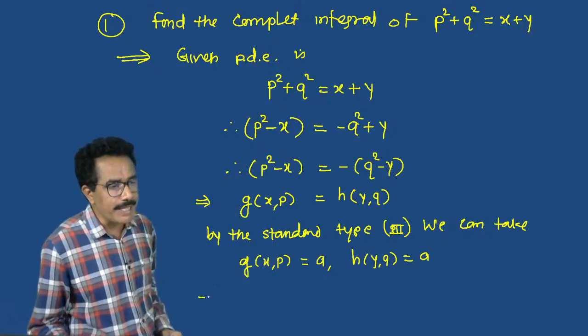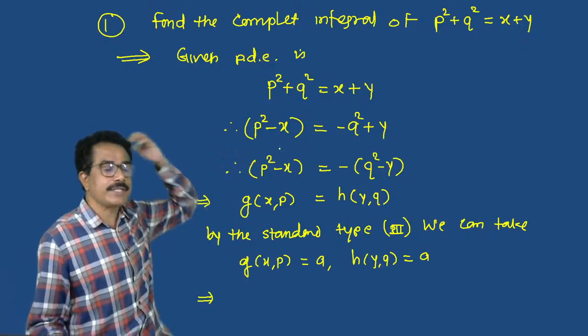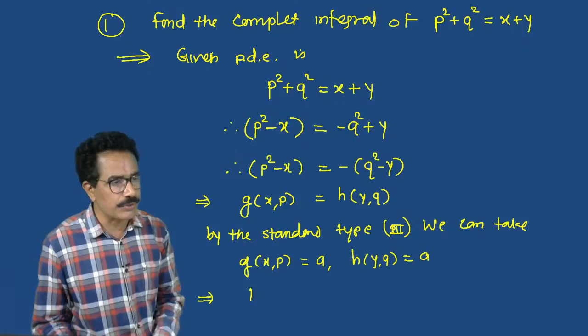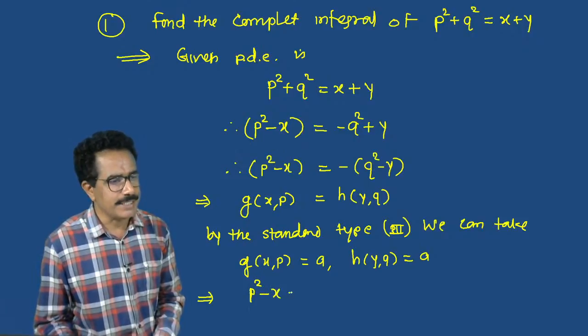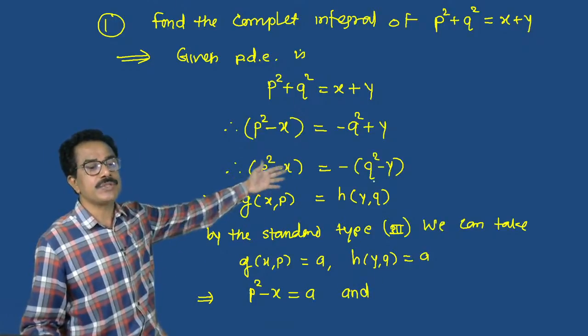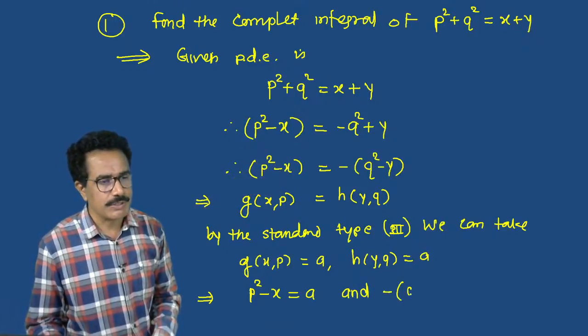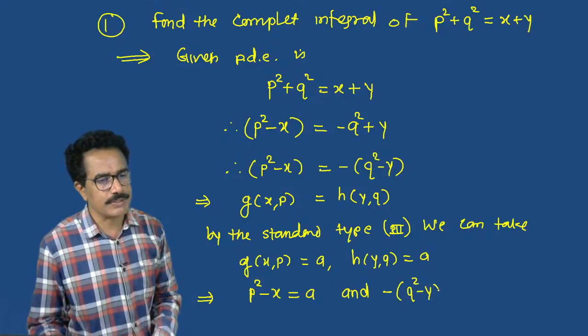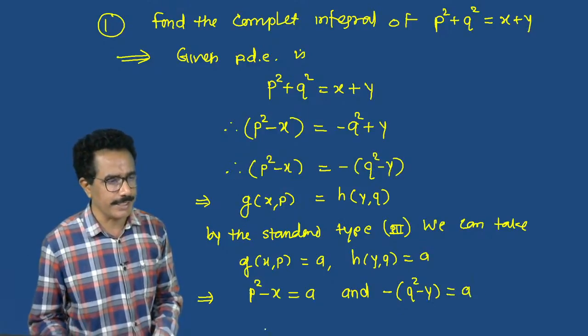Then g of x comma p means p square minus x is equal to a, and the second, h means minus q square minus y, which is again equal to a.